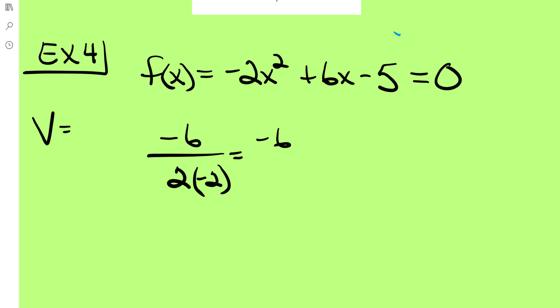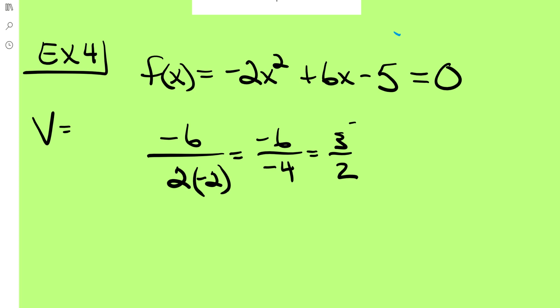So that gives me negative 6 over negative 4, which simplifies to be 3 over 2. And what about that? 3 over 2 is my x value.